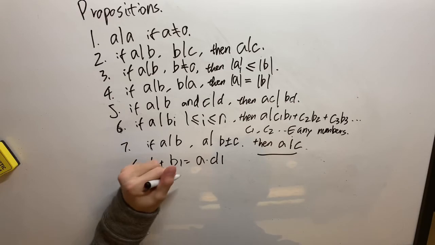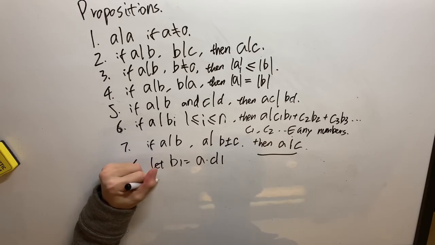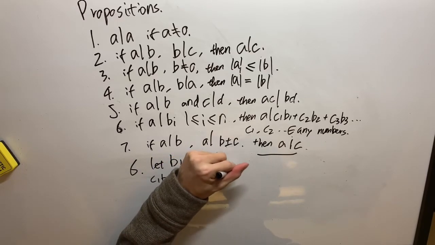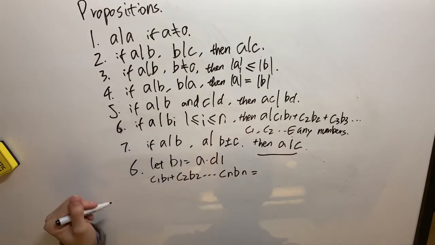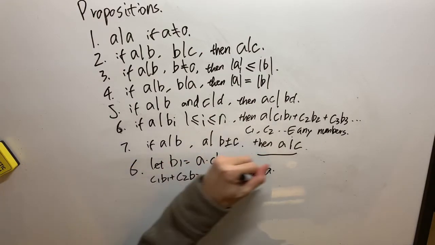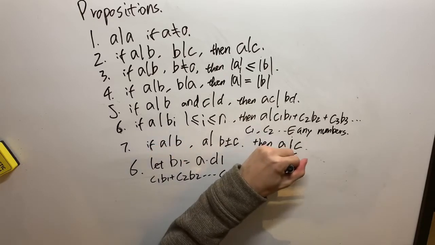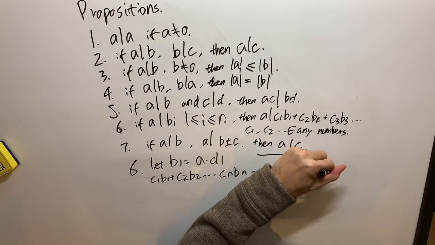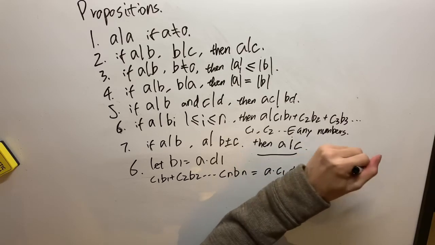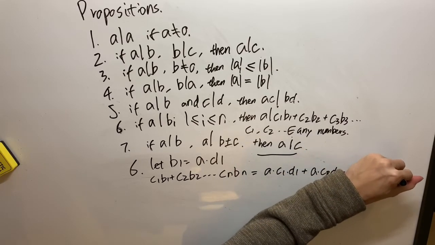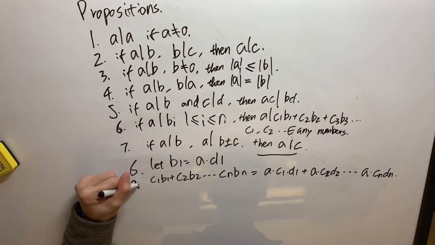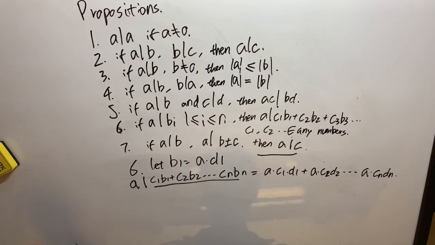So then we can translate c1 b1 plus c2 b2 all the way to cn bn into a times c1 d1 plus a times c2 d2 all the way to a times cn dn. So a divides this number.